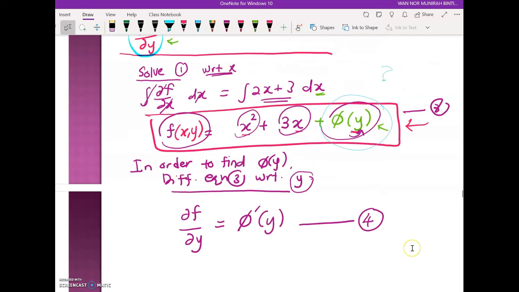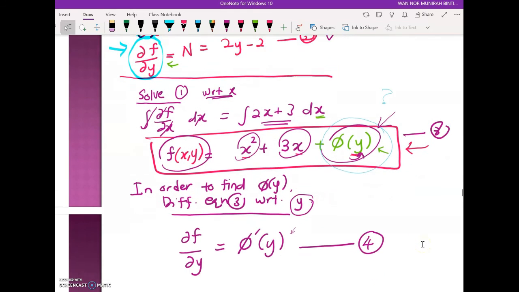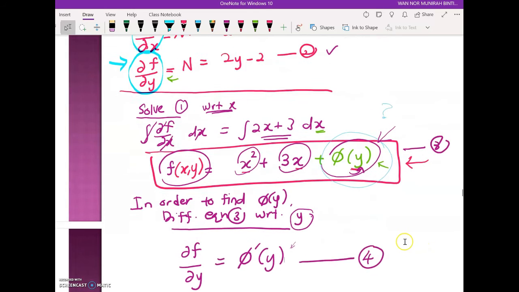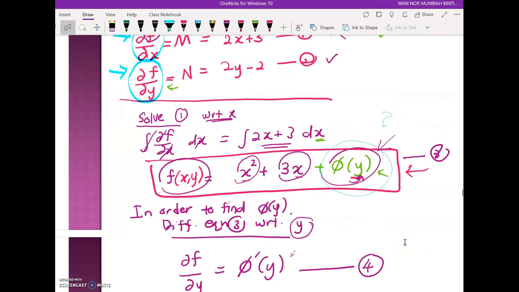Now, I want to know what phi(y) is. But in equation 4 we have phi prime(y), so we must eliminate the phi prime in order to get phi(y). The next step is to compare equation 4 with the equation that I didn't use at the beginning of my calculation, which is equation 2.